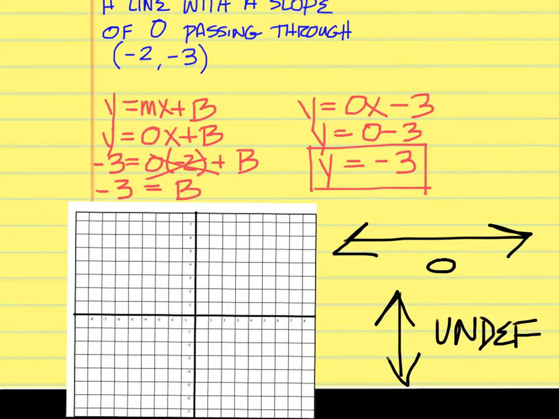If you know that you have a slope of 0, you know you have a horizontal line, and it must pass through the y-axis somewhere. Notice the point is -2, -3. If I go back 2 and then down 3, back 2, down 3, it's got to be a horizontal line.